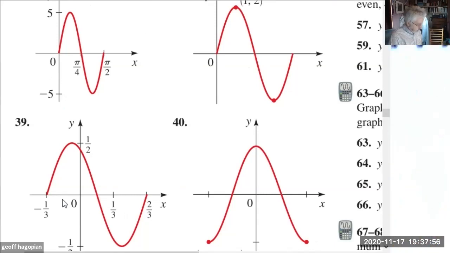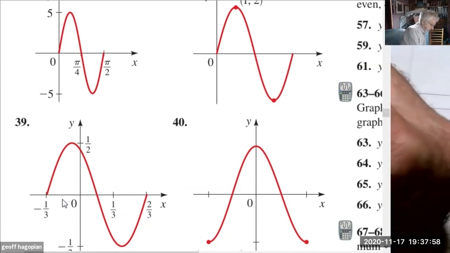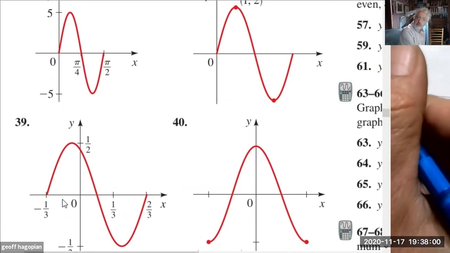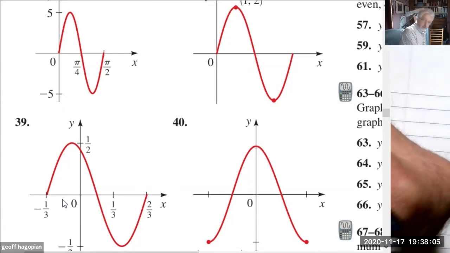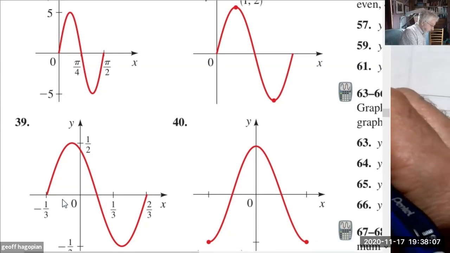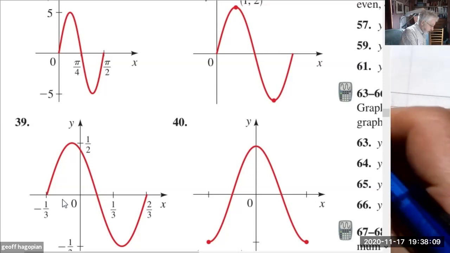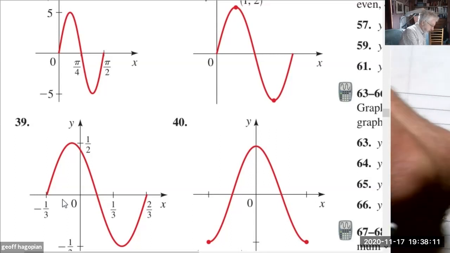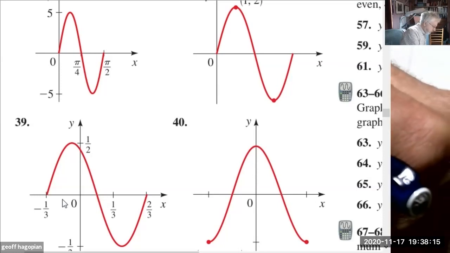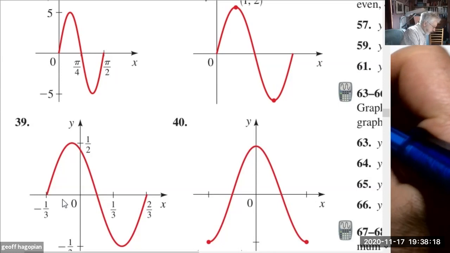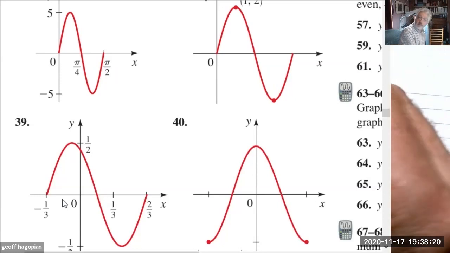That's a fair game question. So let me try to reproduce that. We've got negative 1/3 on the left, and then 1/3, 2/3 on the right. Halfway between that is a thing and another thing there. So I've got a curve that looks like this, and the amplitude is 1/2.